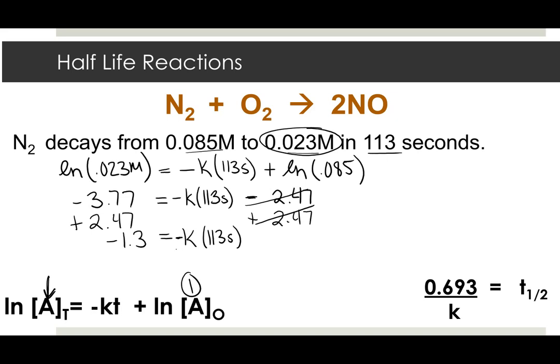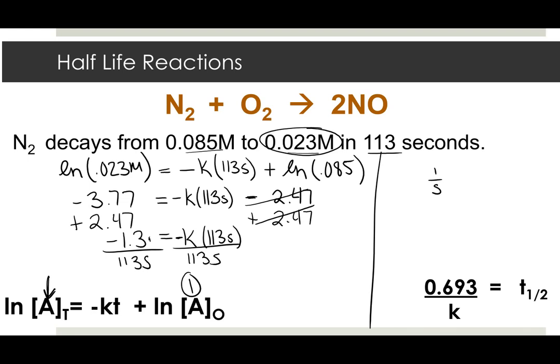Okay. And now to get k by itself, I divide by 113 seconds. Here we see this number is unitless, so seconds on the bottom. Our units are 1 over seconds, which is what we would expect.